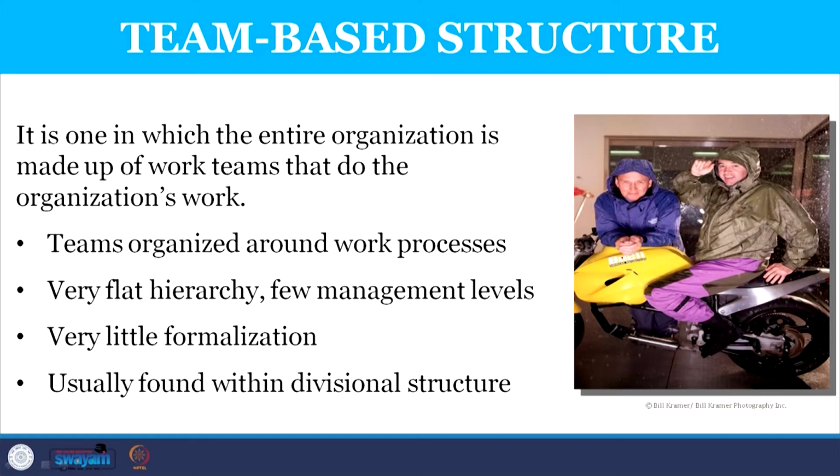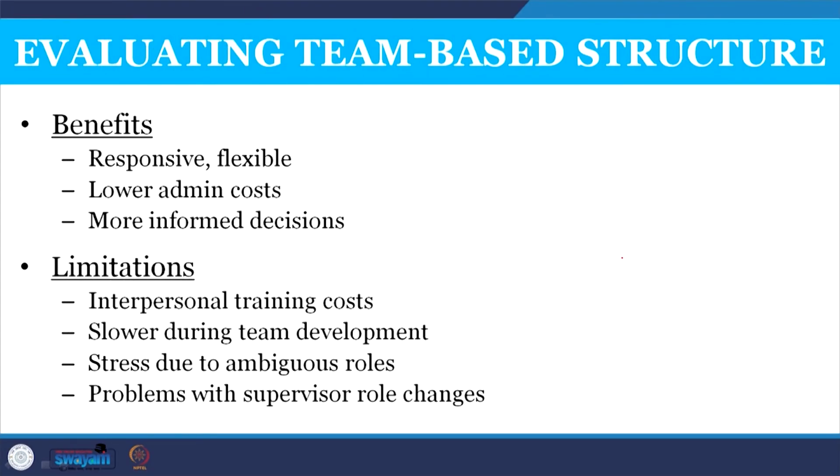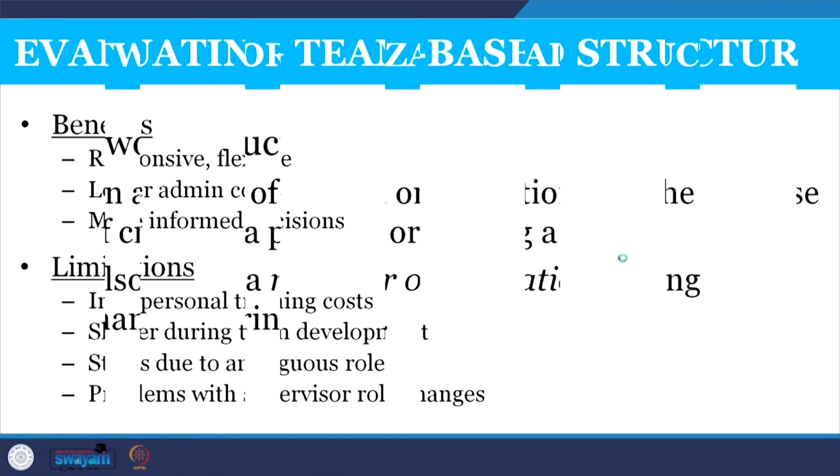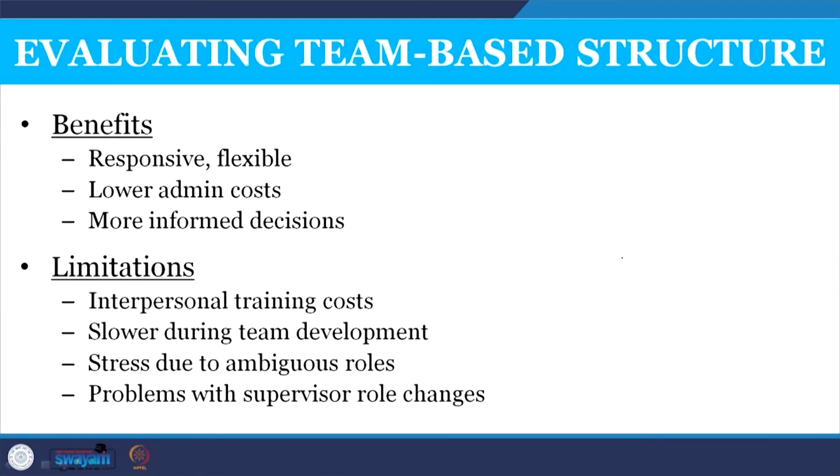It is the one in which the entire organization is made up of work teams that do the organization's work, with teams organized around work processes, a very flat hierarchy, few management levels, and very little formalization, usually found within a divisional structure. Evaluating team based structures, what are the benefits and limitations?